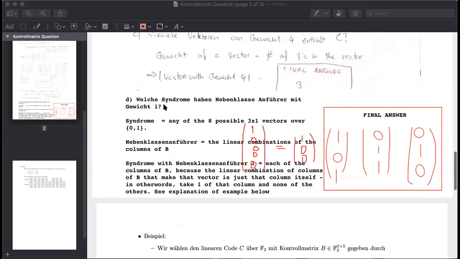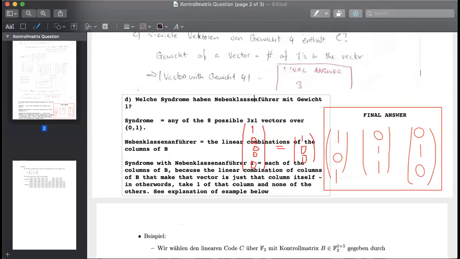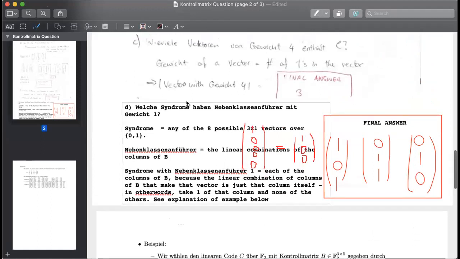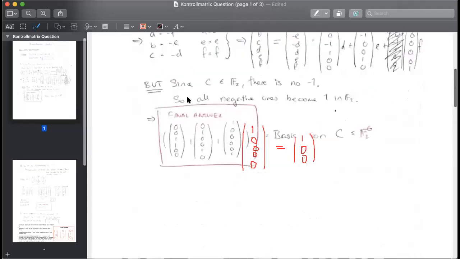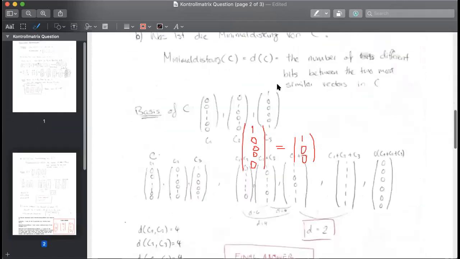The question is asking which syndromes have Nebenklassenanführer with weight 1, and that's going to be the syndromes that are already in B. So let's have a look at B. Here's our matrix B, and we have 1, 0, 1, 0, and 0, 1, 1. All the other columns are just the same as one of these, so the answer is really easy.